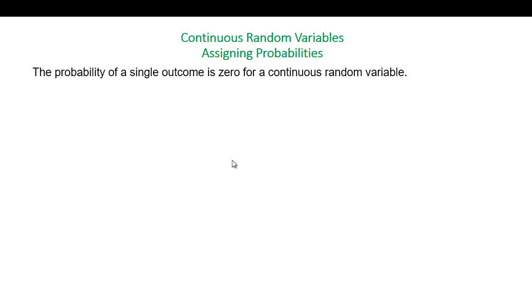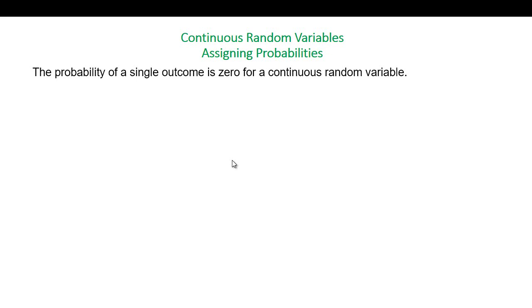So in that case, the probability of a single outcome is going to be, if I say what's the probability that x is equal to 2, in that case it will be 0. So you might say, well, that's kind of counterintuitive.